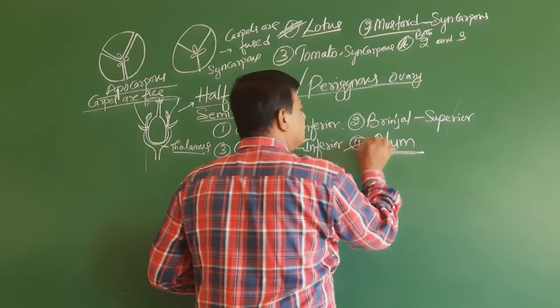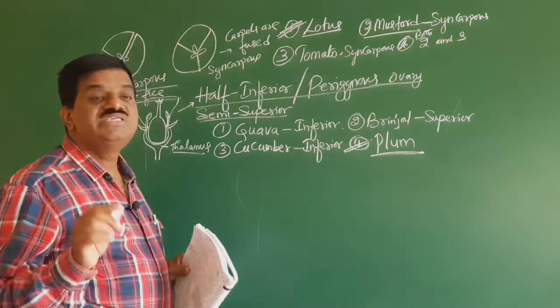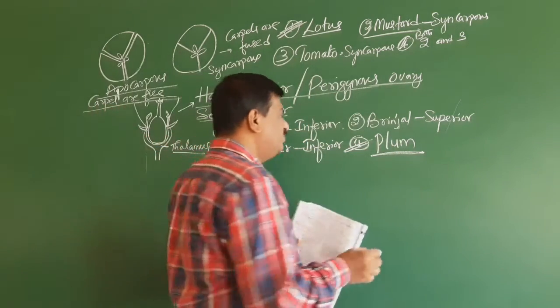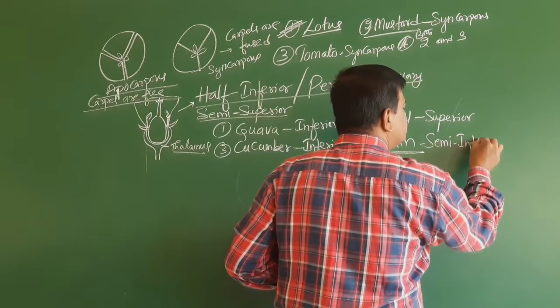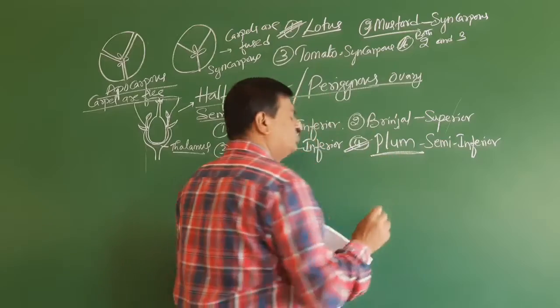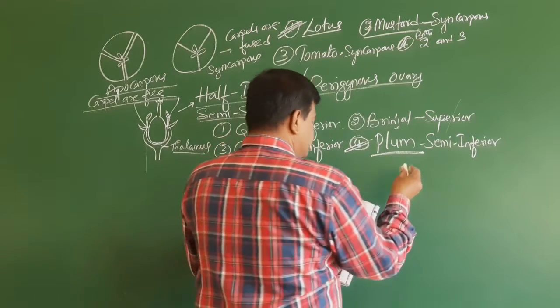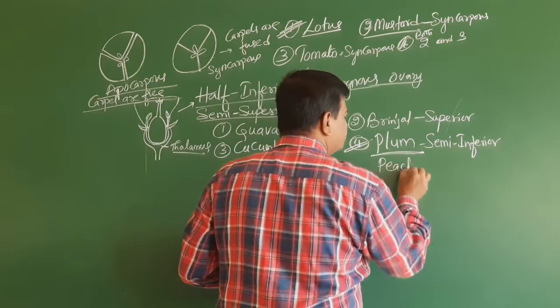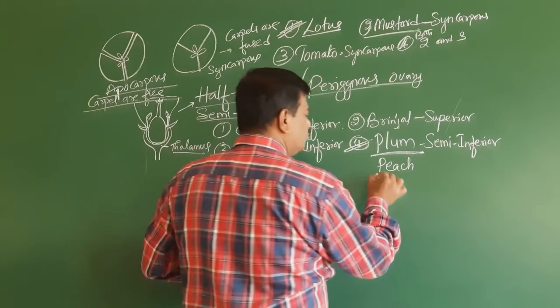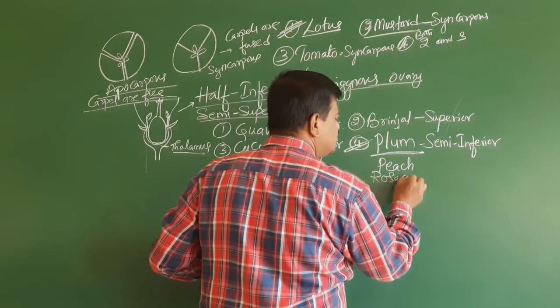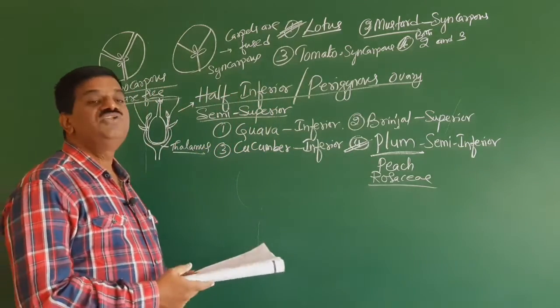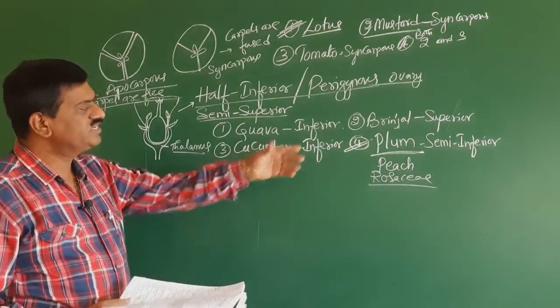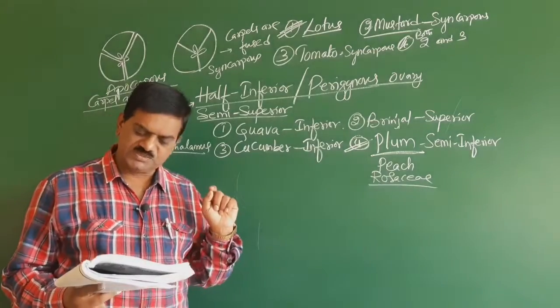This plum is usually called semi-inferior, half inferior. So this is the right answer. In plum, peach and Rosaceae, we can see the presence of semi-inferior ovaries. So the right answer is the fourth option, plum.